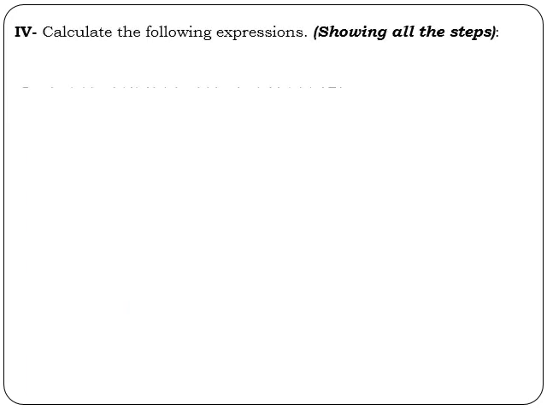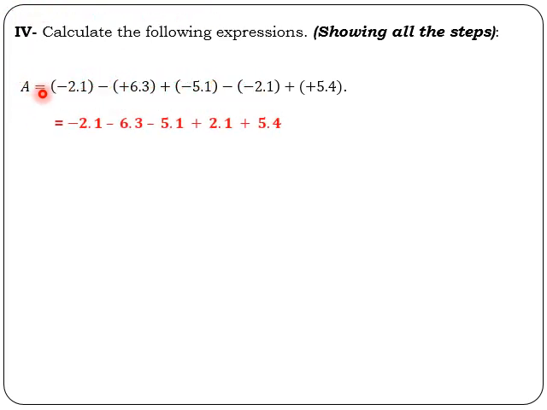Now number 4, calculate the following expressions. The first step to solve A is to get rid of the parentheses. Here we have minus 2.1 minus plus, the opposite of plus 6.3 is minus 6.3, plus minus 5.1 is minus 5.1.